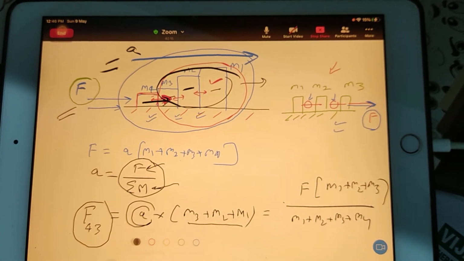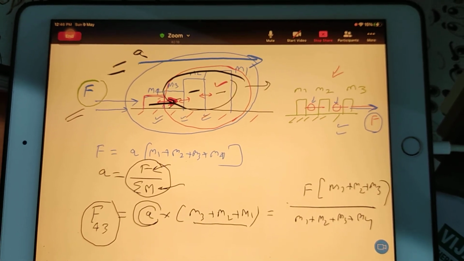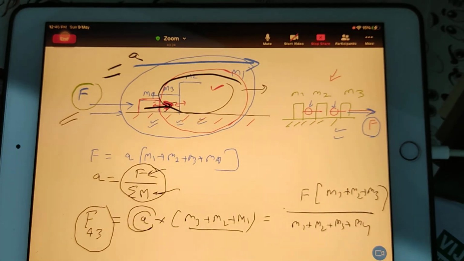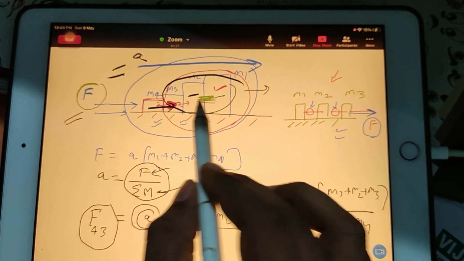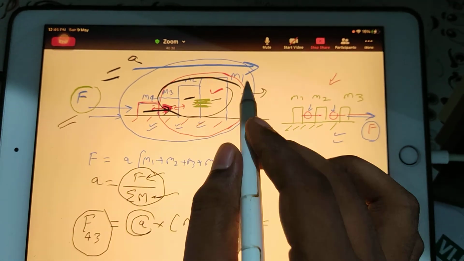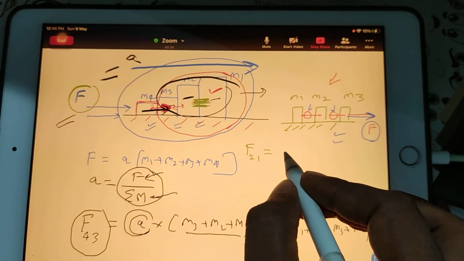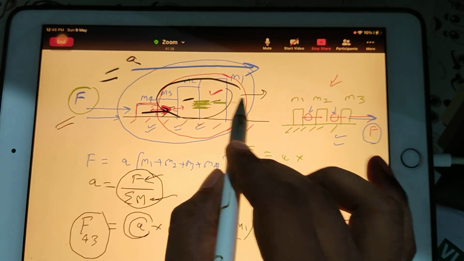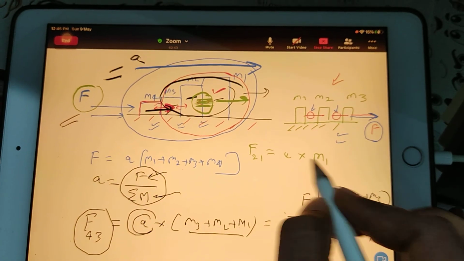In the same way, suppose you want to find out the force of contact here, between 2 and 1. The force of contact between 2 and 1 is the total acceleration into how much mass is going in this direction because of this force, that is the m1 mass. So only m1, right?